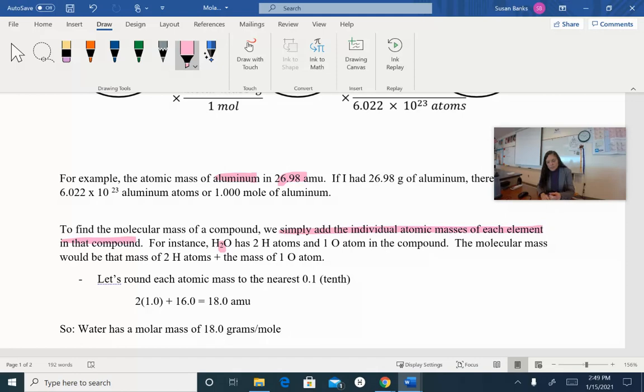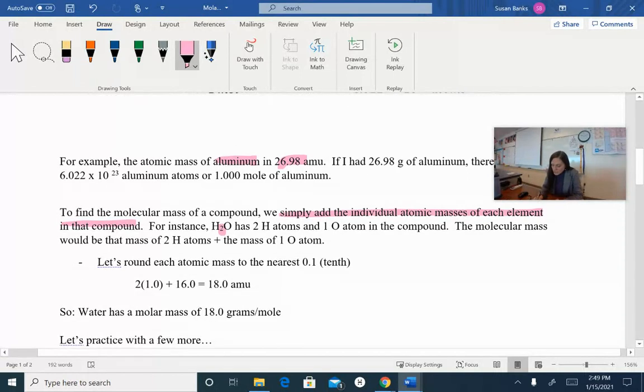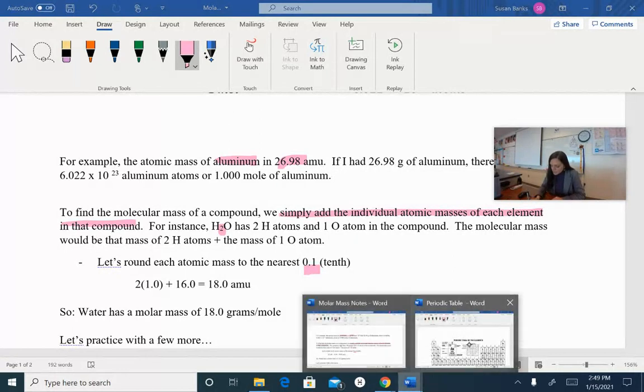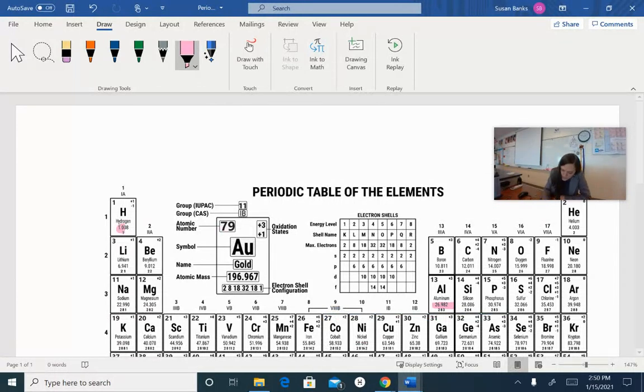So we're going to add up 2 hydrogens and 1 oxygen. We're going to round to the nearest tenth here. Hydrogen is 1.008, which will round to 1.0, and oxygen is 15.999, which to the tenth, that 9 tells me to round up to 16.0.